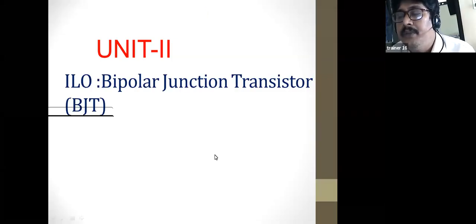In the previous class, we discussed the overall Unit 2 syllabus. That means we discussed solid state electronic devices: the PN junction diode, bipolar junction transistor, MOSFET, that is field effect transistor, FET, diac, triac, and LED, light emitting diode.